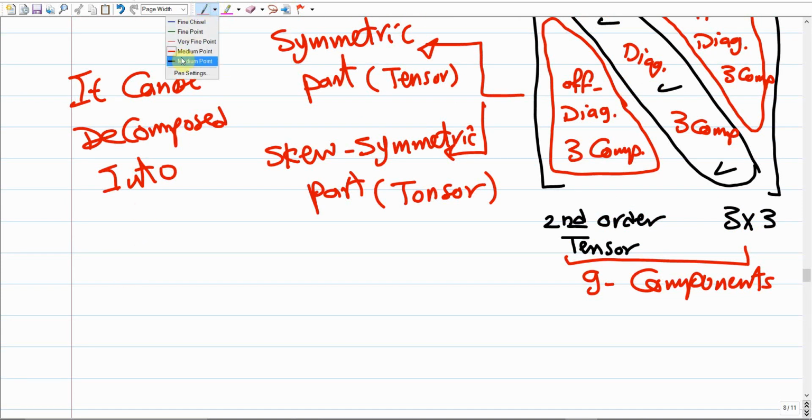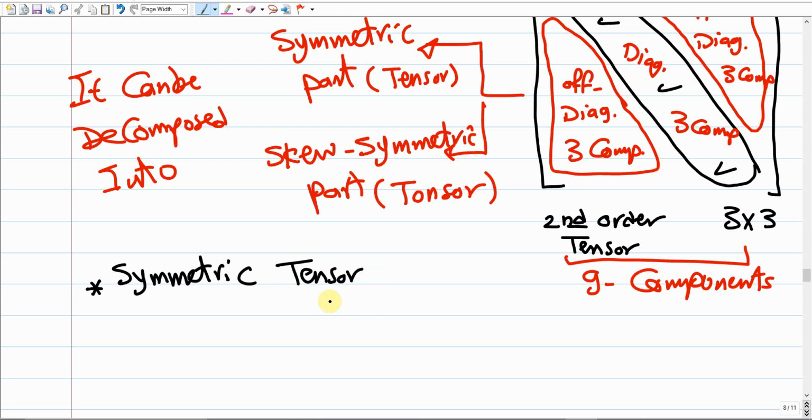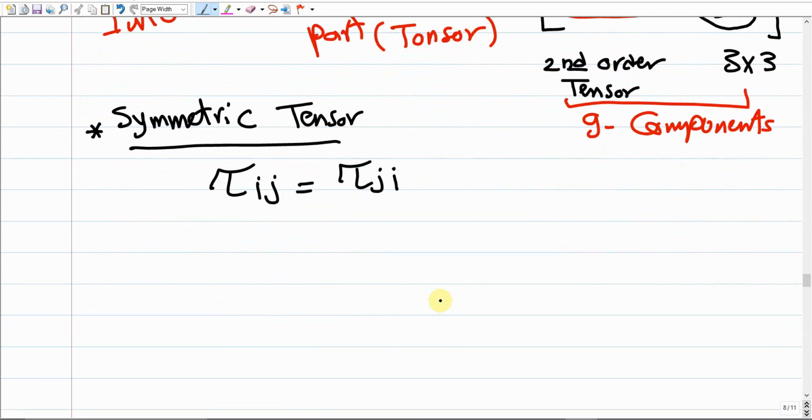So for the symmetric tensor, you should understand that tau ij equals tau ji. And this is basically what was mentioned in your mathematics class, that a symmetric matrix equals its transpose.